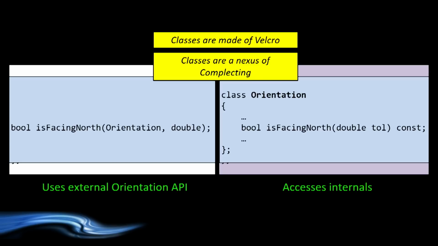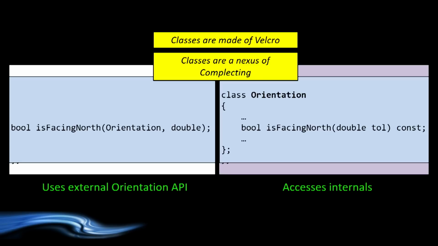So, the difference between these two, left and right: one uses the external API and one accesses the internals, right? One is more likely to break in the future. They could be the exact same implementations today. But in the future, if you change something about orientation, I just find that people often make a change thinking, I'm changing the internal parts of this class, and I know this class, so I'll just change the internals. I won't change the external pieces of the class.